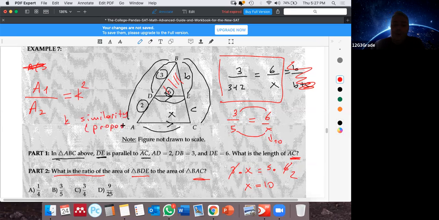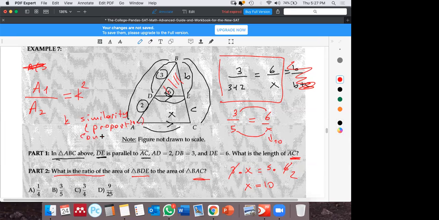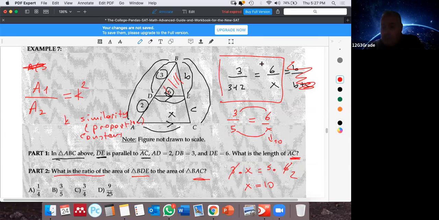In my question, what is the proportion constant? 6 over x, right? This is equal to k. So 6 over 10. If you simplify, 3 over 5. So 3 over 5 to the power of 2. So the result is 9/25. When you know this, it's simple. If you don't know, it's a little bit long. I mean, we have to work so hard.